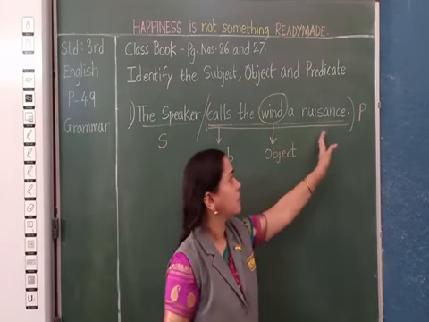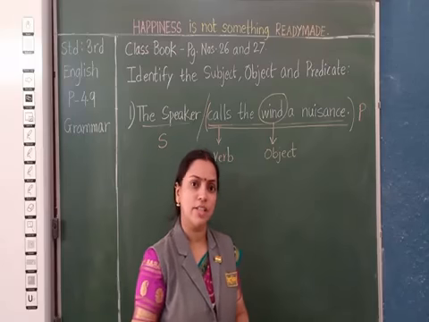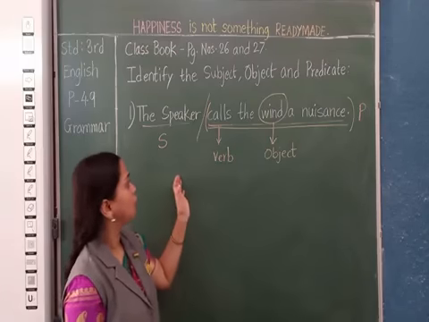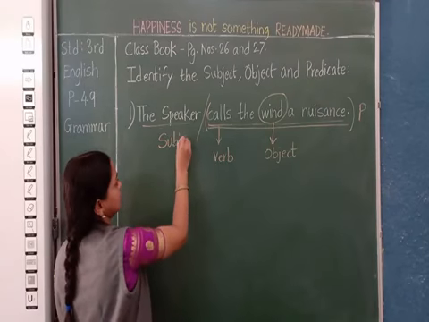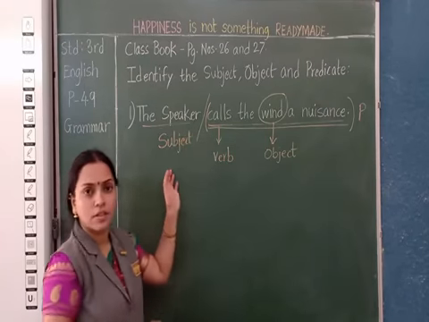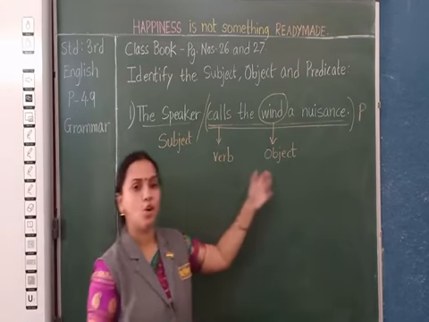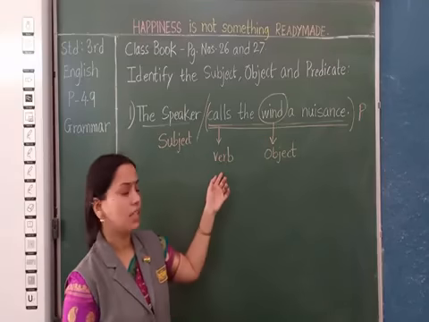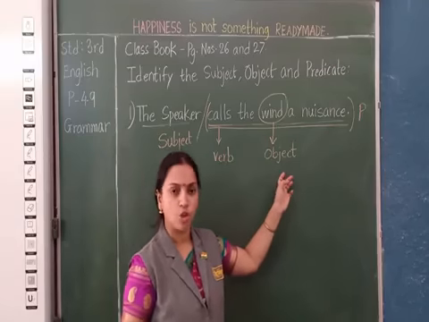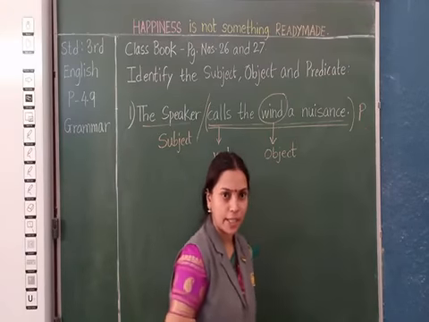And a nuisance is the additional information that is given in our sentence. But now we know that the speaker is our subject. While marking, you can write S, V, O, P. S is for subject, V is for verb, O is for object, and P is for predicate.